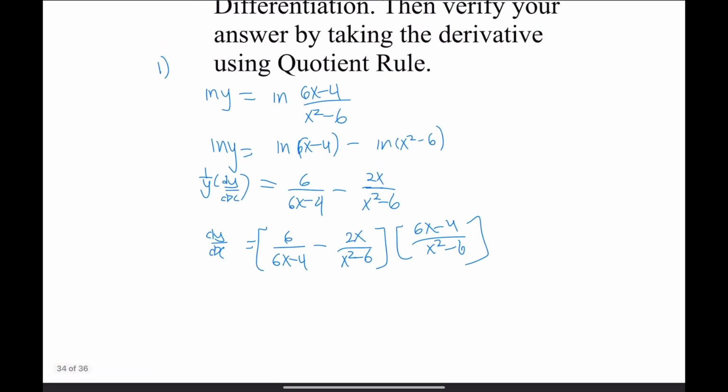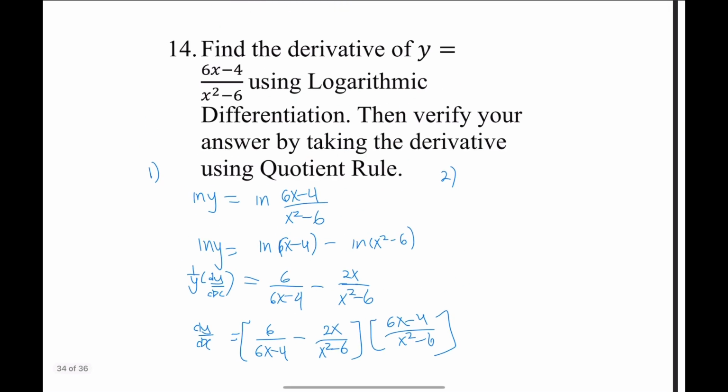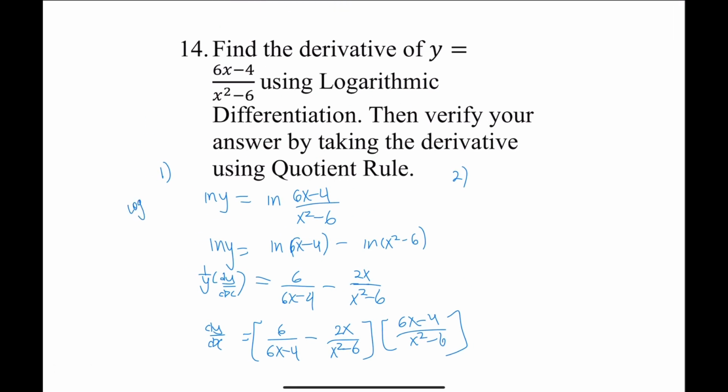Okay, and then our method number 2 is just quotient rule, right? y prime equals 6 times x squared minus 6 minus 2x times 6x minus 4, all over x squared minus 6 to the power of 2.